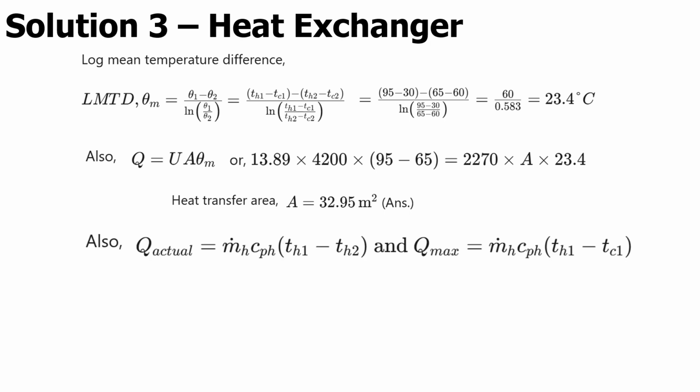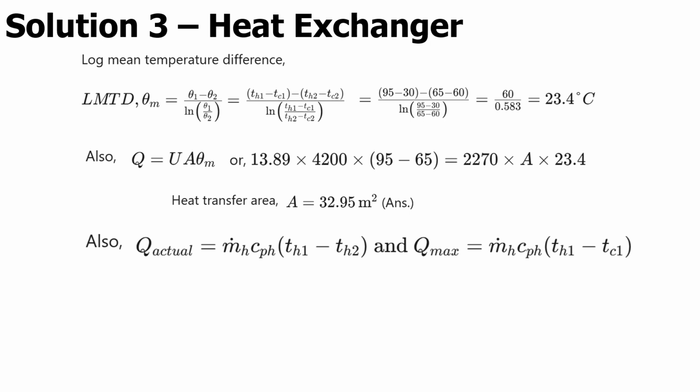So the actual heat transfer rate is given as shown on the screen, and the maximum possible heat transfer occurs if the hot fluid cools down to the inlet temperature of the cold fluid. So Qmax is given as shown on the screen, mh dot Cph, and the temperature difference between the hot water at inlet and the cold water at inlet.